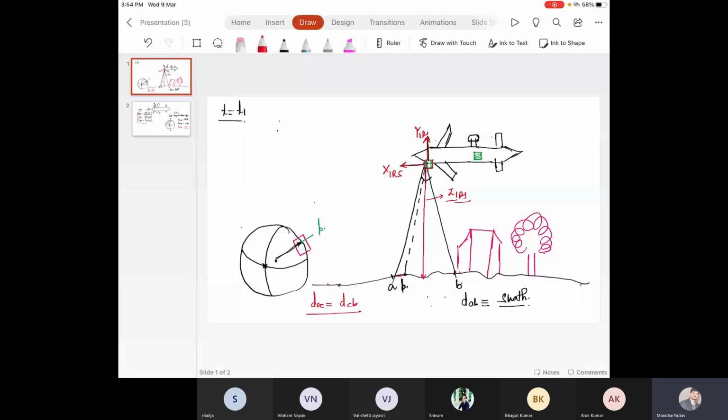For point P, the raw measurement is R1 and angle θ1. θ1 is a deviation over here. This is called the scan angle. The deviation of this laser vector from Z IRS is given by θ1. And R1 is the range, this value.